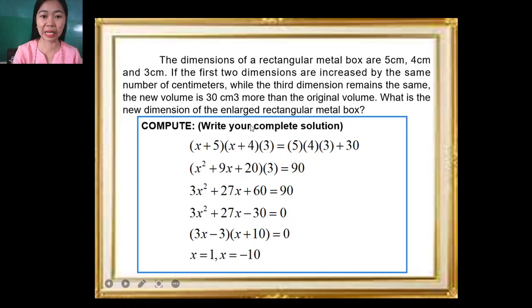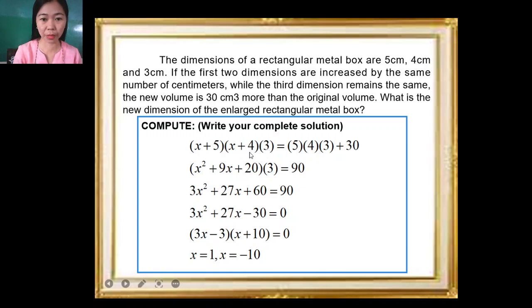So, on the left side of our equation, we have three factors. It represents the dimensions of the rectangular metal box where the first two dimensions are both increased by the same number of centimeters. So, we have x plus 5 times the quantity x plus 4 times 3.